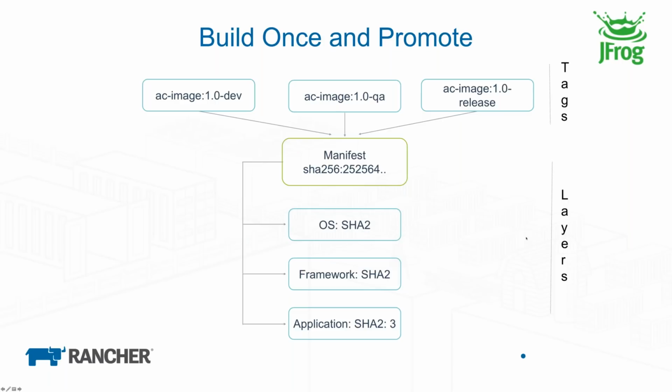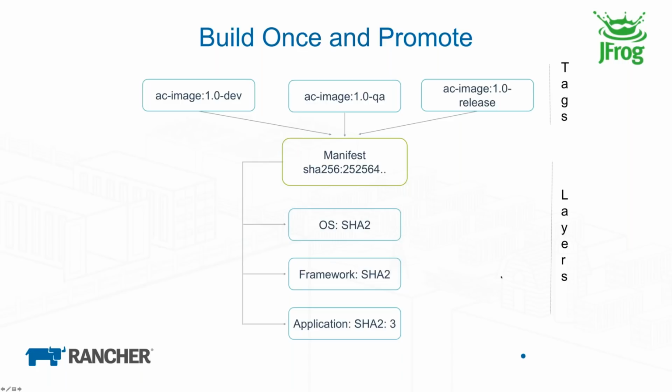It doesn't let you know, is this Docker container newer than that Docker container? It doesn't let you know what's in the Docker container. And it's very, very easy as time goes on to lose sight of all of it. And so when we talk about promoting, we can talk about tagging it. We can talk about, oh, we have the 1.0-dev, we have the 1.0-QA, the 1.0-release as separate tags of the same manifest. And that's a great approach.